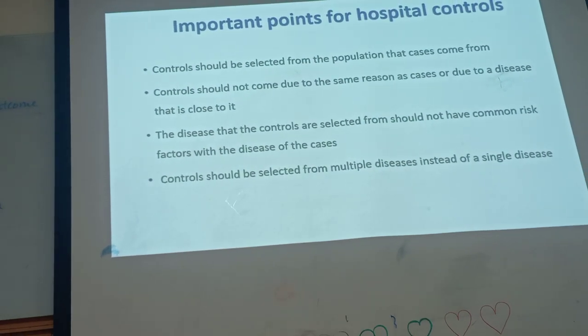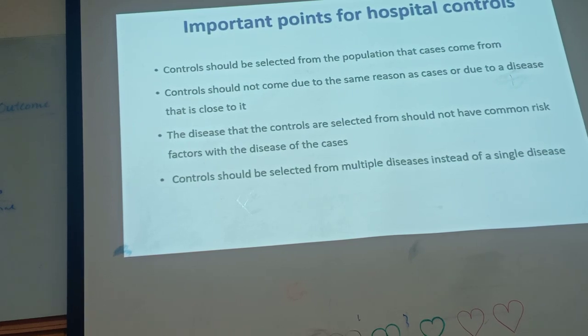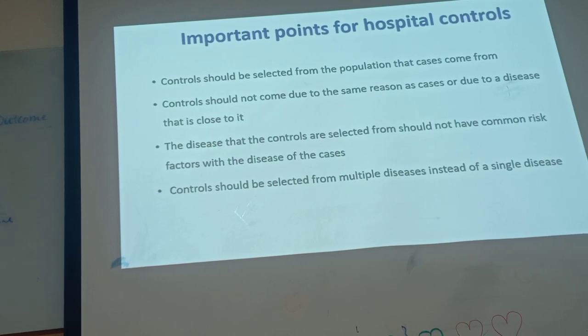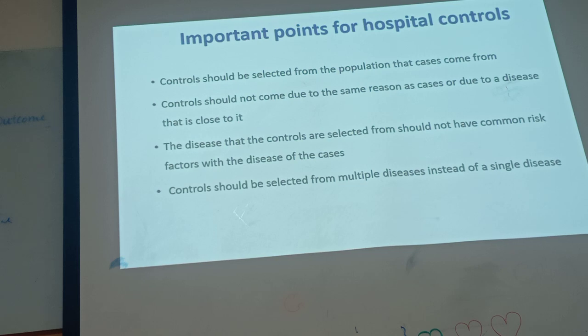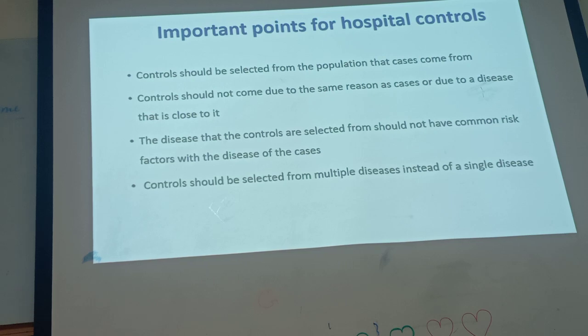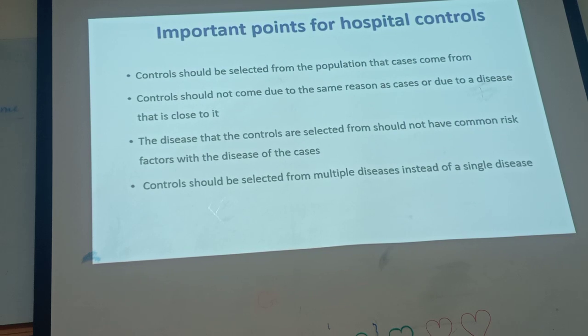Which means if you go to a hospital, for example, a subspecialty hospital, and select your cases, let's say breast cancer cases from that hospital, and these breast cancer cases are coming from the whole population of the island, you cannot go to, let's say, the orthopedic ward and select controls from that ward, whose patients are coming from the neighborhood around the hospital.